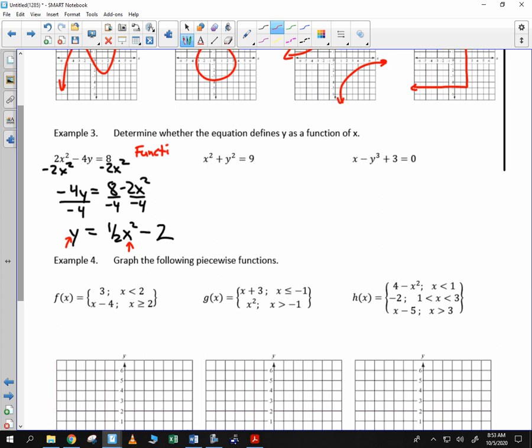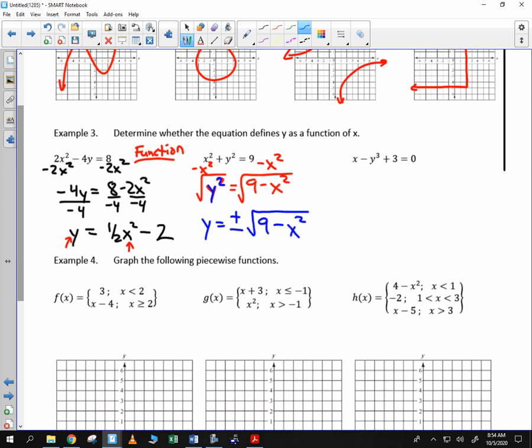Now, your mind is going right now saying, well, what would it look like if it wasn't? Well, look at this next example. If I solve for y, I subtract x squared from both sides. I have y squared is equal to 9 minus x squared. And then as you square root both sides, notice you're square rooting a variable of y squared here. And so you must list both the positive and the negative root of 9 minus x squared.